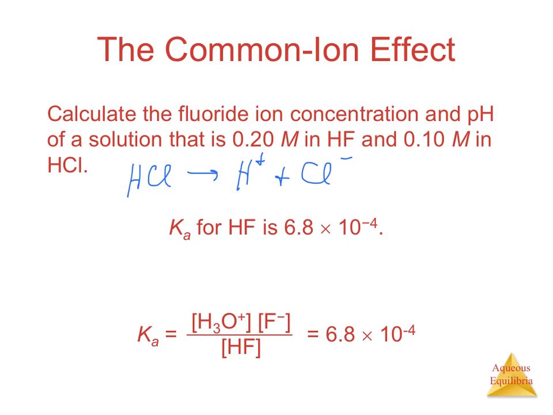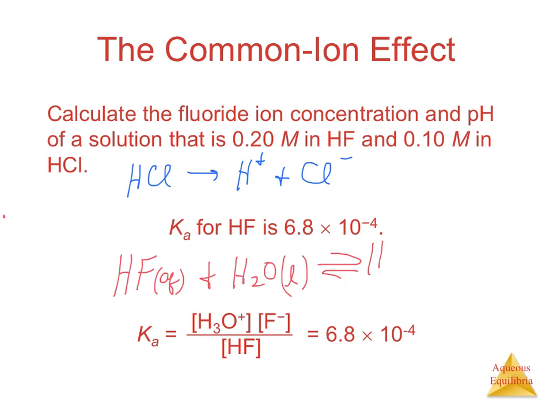So what it is: HF aqueous plus H2O liquid is going to be in equilibrium with the H3O plus aqueous plus F minus. So this is my acid dissociation reaction, and this is the Ka that corresponds to that. And the Ka is 6.8 times 10 to the minus 4.